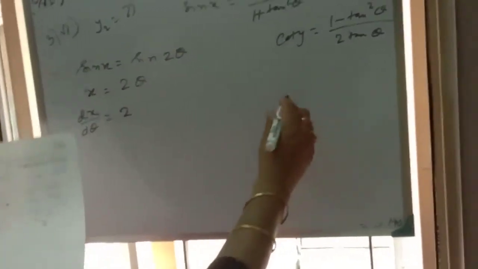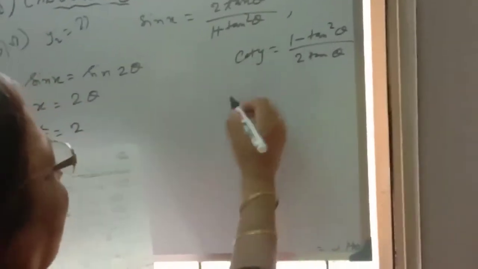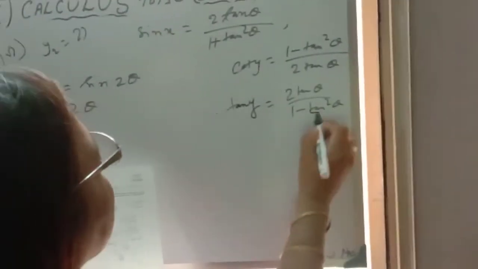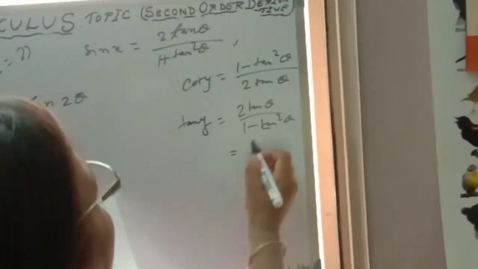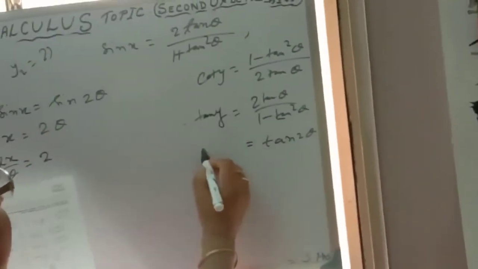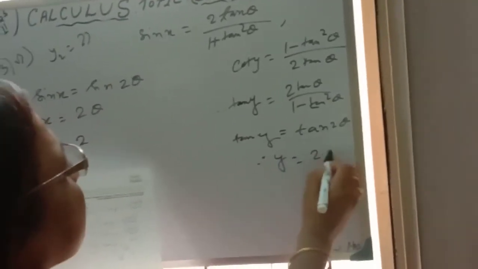Similarly cot y equals 1 minus tan square theta by 2 tan theta, therefore tan y will be 2 tan theta by 1 minus tan square theta. Now 2 tan theta by 1 minus tan square theta is equal to tan 2 theta according to the trigonometry rule. So tan y equals tan 2 theta, so y equals 2 theta.